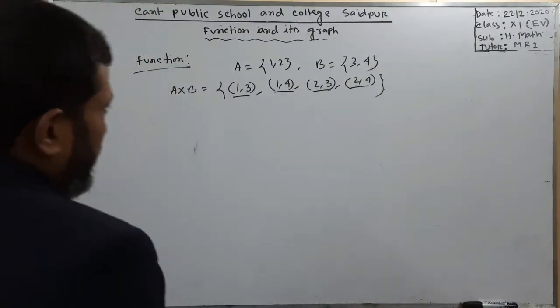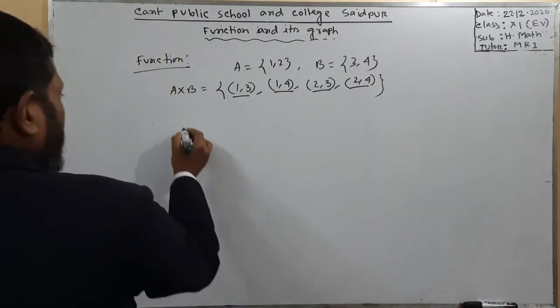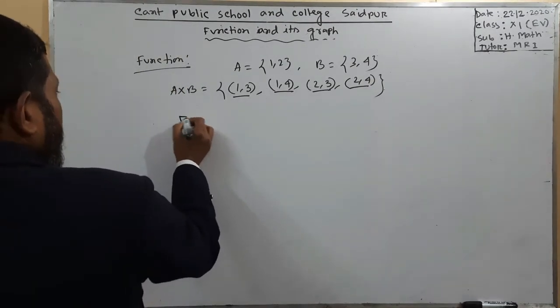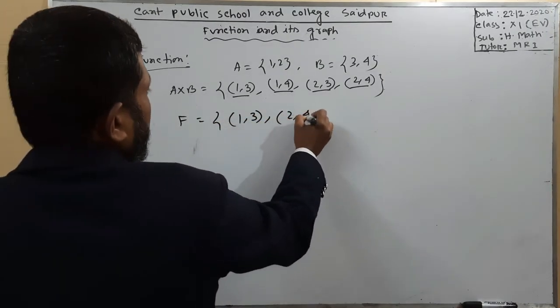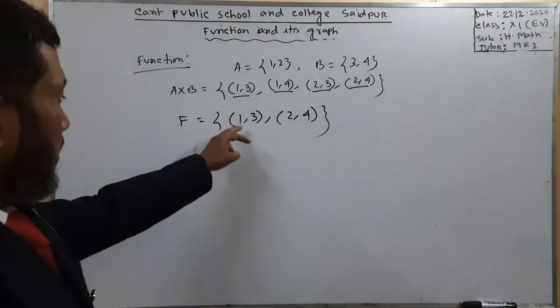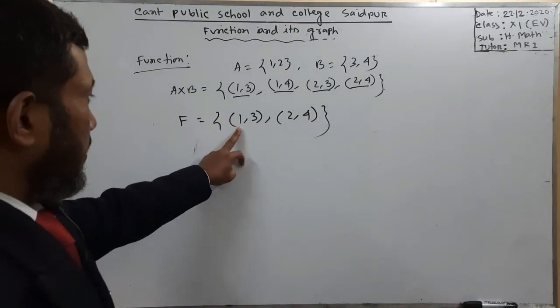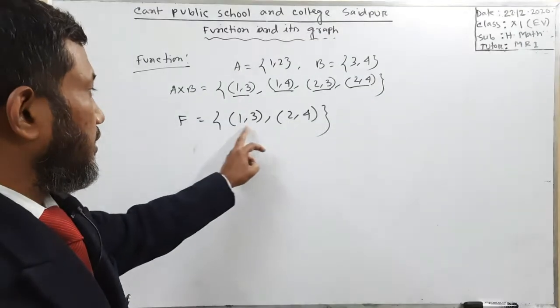If we have to make this relation a function, we can write (1, 3), (2, 4), because the first element of the first ordered pair is 1 and of the second is 2. These two are different.